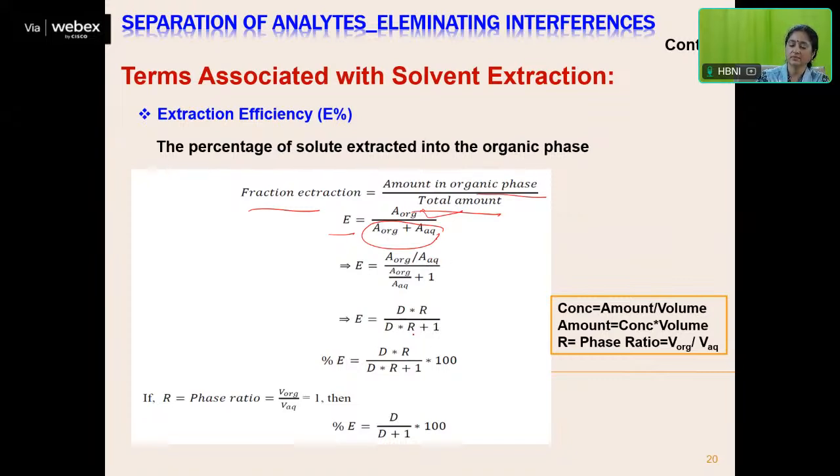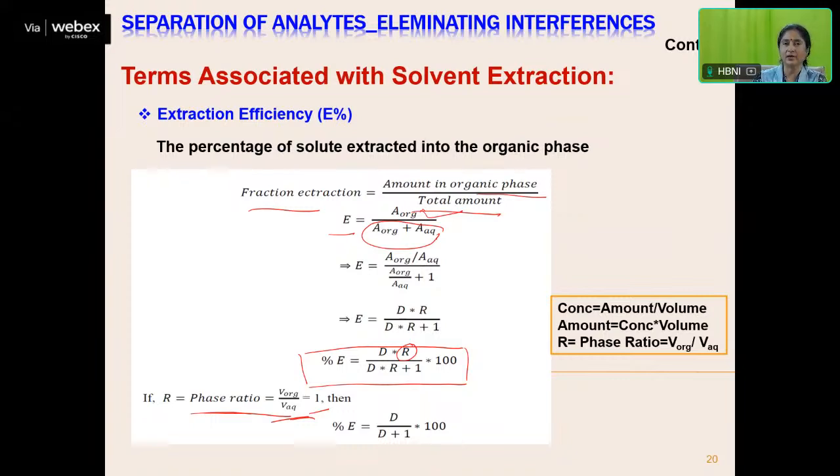Now if you want to derive, then finally you will get an equation like this, where R is the phase ratio. And what is the phase ratio? It is the volume of organic phase to volume of aqueous phase. So this is totally dependent on you, on what ratio you are taking. You may take it as 1 or you may take it different.